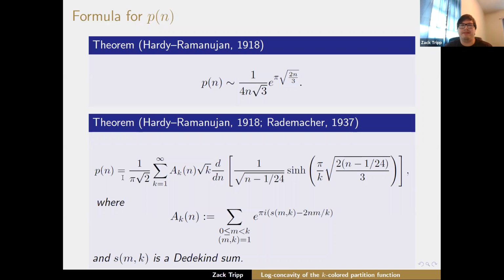I believe they made McMahon compute it by hand using a recursive formula for p of n, which is very, very complicated and took a while. But the point being, we have this exact formula, and you can actually use it to compute p of n. What's also interesting is you can actually use it to prove properties of p of n.